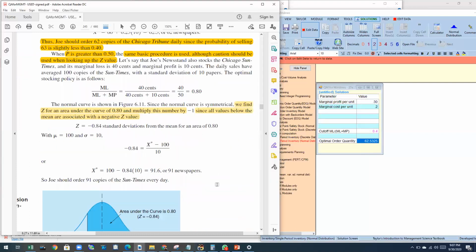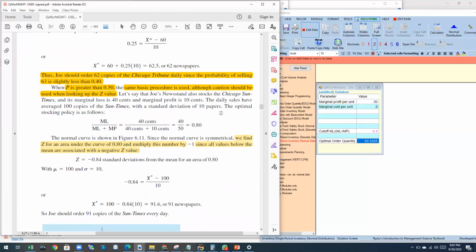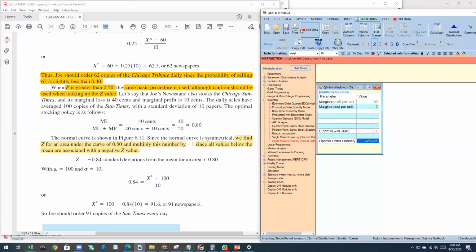Yeah. We can change the story. What if they also stock Chicago Sun-Times, and the marginal loss is 40 cents. So let's edit the data.